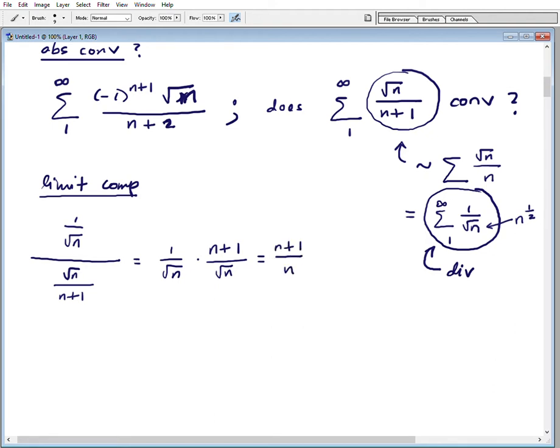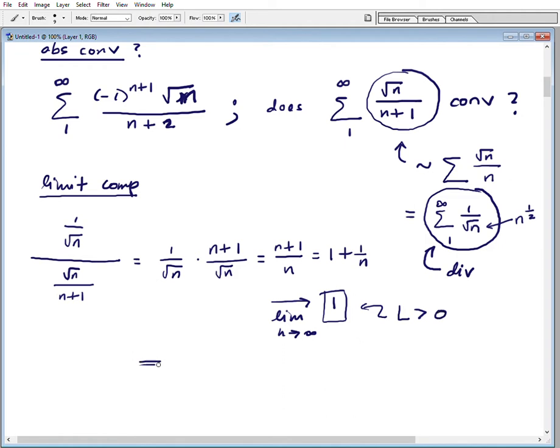That's n plus 1 over n, which is 1 plus 1 over n. And that goes to 1. And now I'm going to write limit n goes to infinity. All right, so it goes to some number L, which is greater than 0.